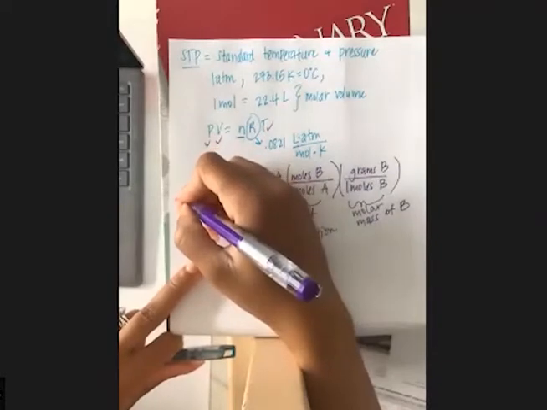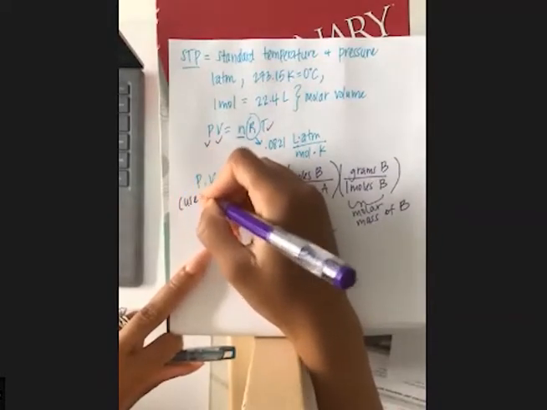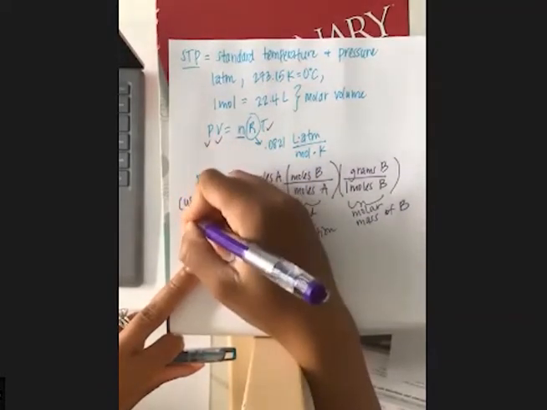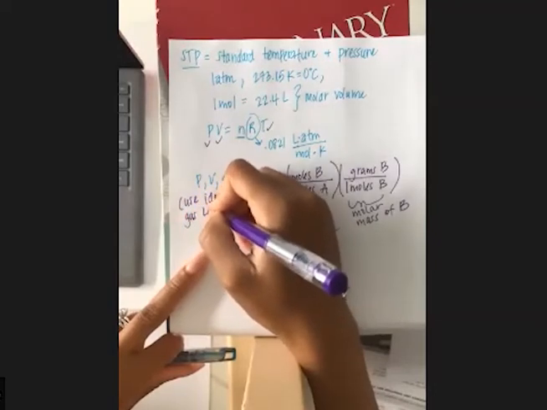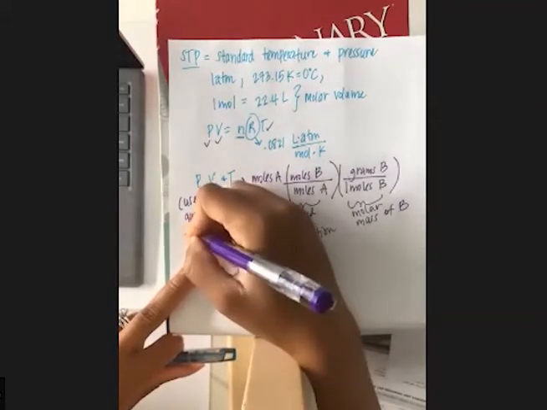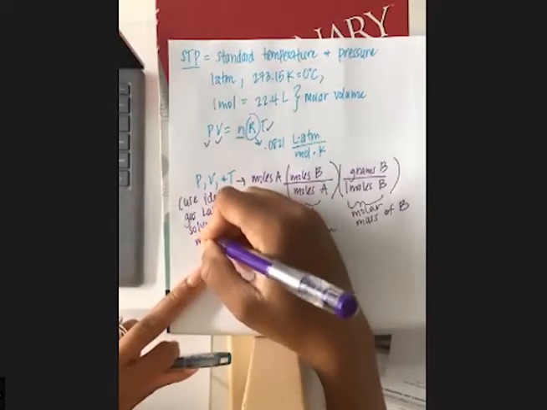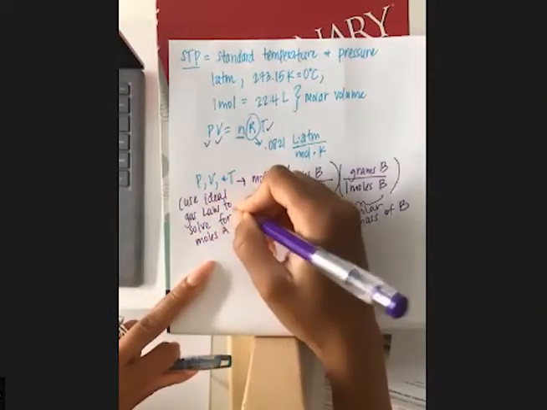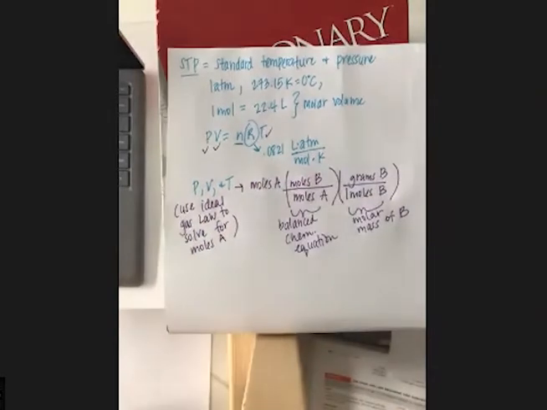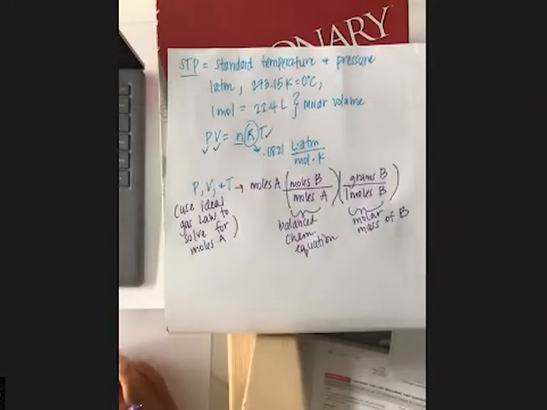So let me write that here: use ideal gas law to solve for moles of A. Once I know the moles of one substance, I can convert it to the moles of another substance just by using the balanced chemical equation.